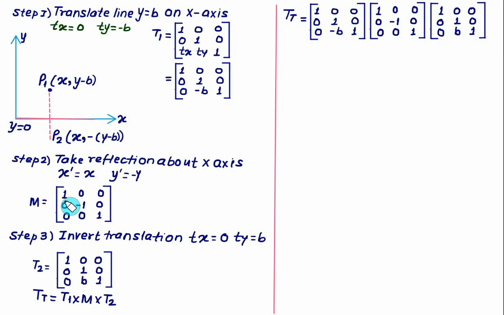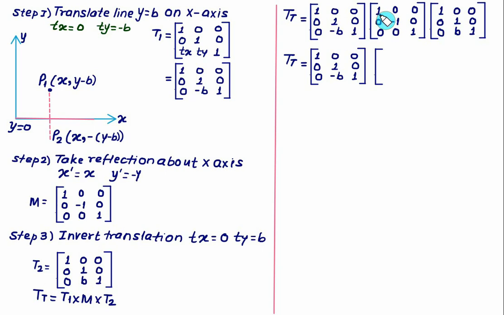The mirror matrix is 1 0 0, 0 minus 1 0, 0 0 1, and the inverse translation matrix is 1 0 0, 0 1 0, 0 b 1. You have to carry out the product: the first translation matrix stays as it is, and we carry out the product of the second and third matrices.